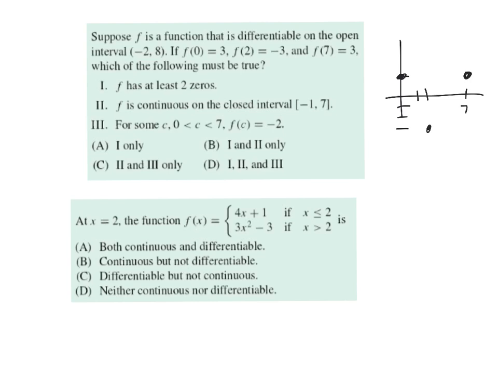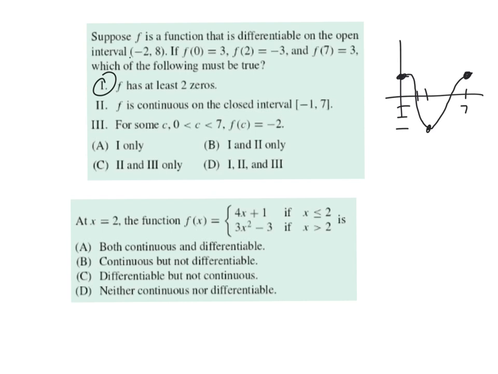Now, if it's differentiable, we know it's continuous. So let's see, what has to be true? F has to have 2 zeros. That's true because it has to somehow get down here, right? Now, it could have more than 2, but it has to have at least 2 because it's continuous. It's continuous from -1 to 7.